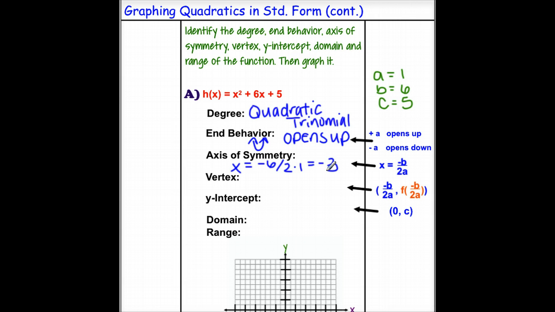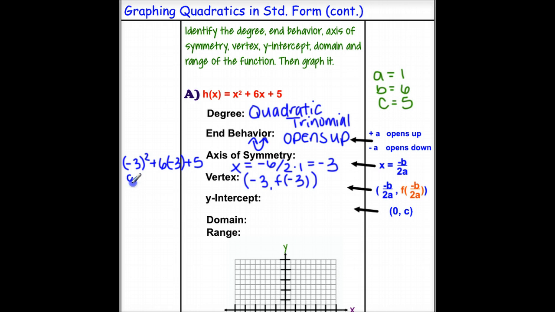For the vertex, our vertex is going to be negative 3, f of negative 3. We need to actually find out what f of negative 3 is. So taking our function here, we have x squared, so we're going to take negative 3 and square it, plus 6 times negative 3 plus 5.